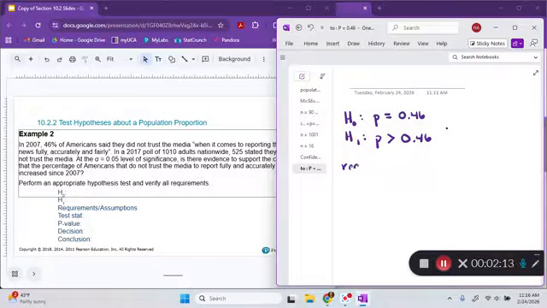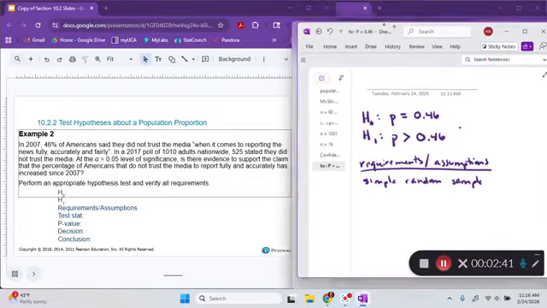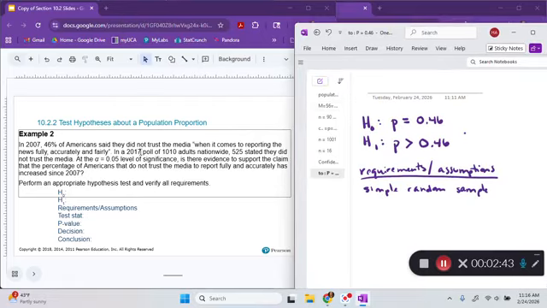Now we need to check our requirements and assumptions. First, we need to identify whether this is a simple random sample. Let's go check if it says that somewhere.